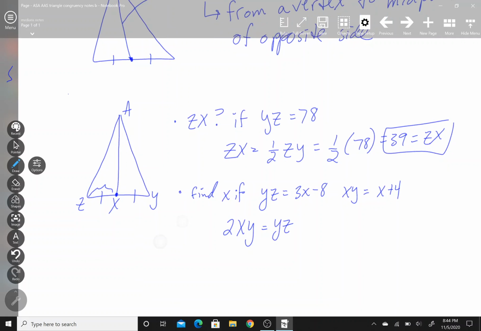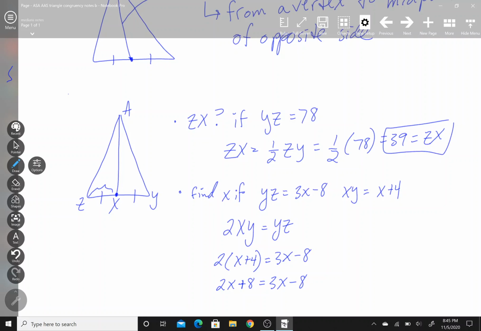So we'll just plug in. So 2 times this X plus 4 is equal to this 3X minus 8. So 2X plus 4 equals 3X, I'm sorry, it should be 2X plus 8. 2X plus 8 is equal to this 3X minus 8.